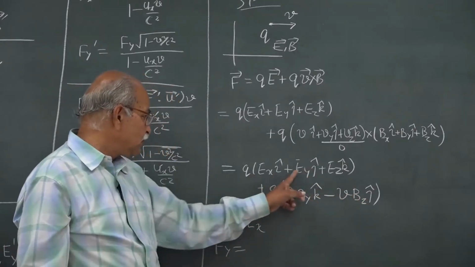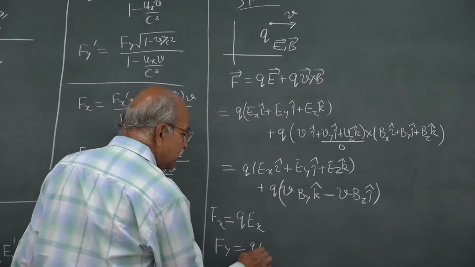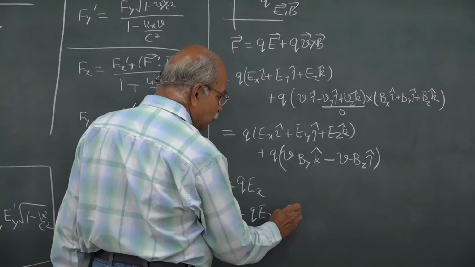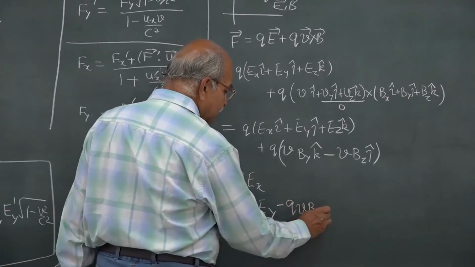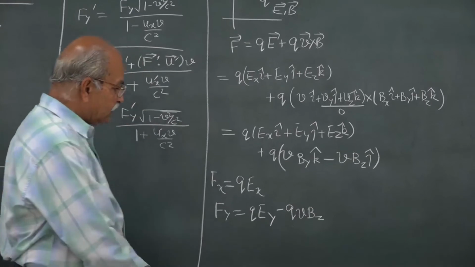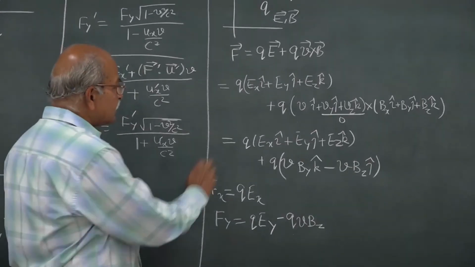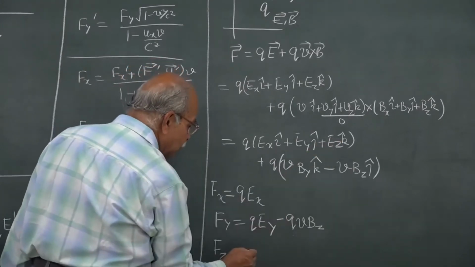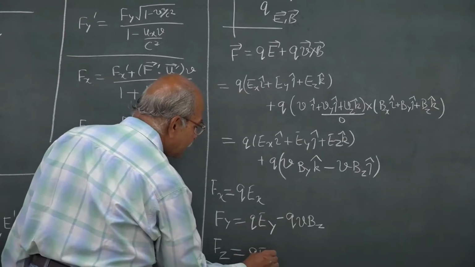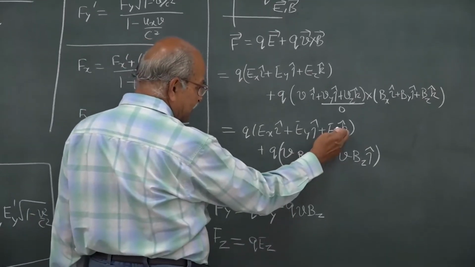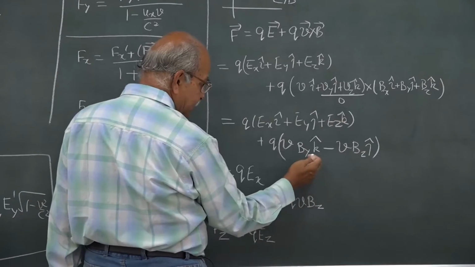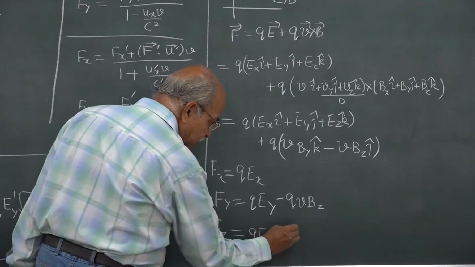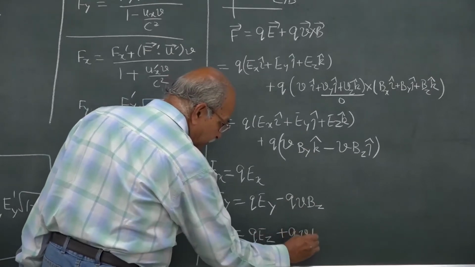So, q into Ey, and then minus q v Bz, that is it. So, this is our y component, and the z component Fz is equal to q into Ez, and k cap is also from two places. So, you have here and here q into v into By, so plus q v By.